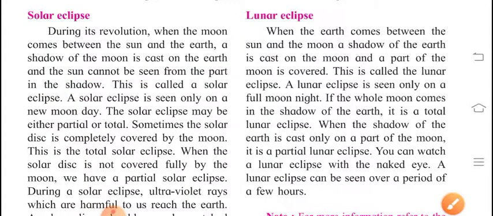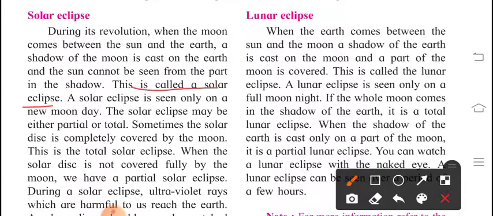This is called solar eclipse. Listen again, what is the meaning of solar eclipse? Due to revolution, when the moon comes between sun and earth, a shadow of the moon is cast on earth and sun cannot be seen from the part of the shadow. This is called solar eclipse.